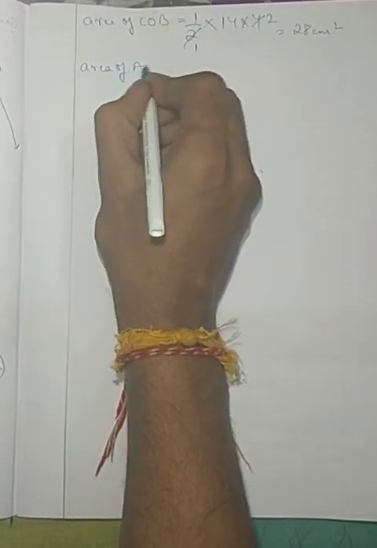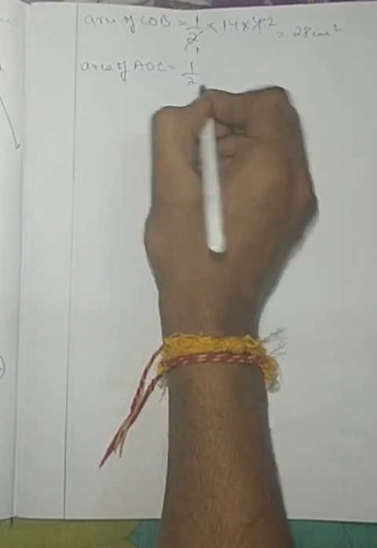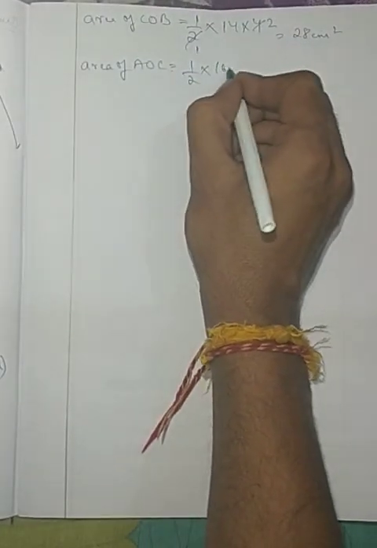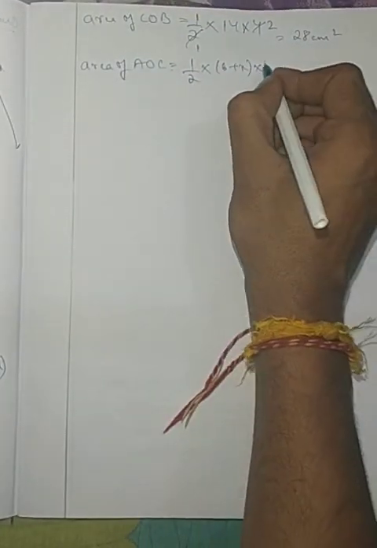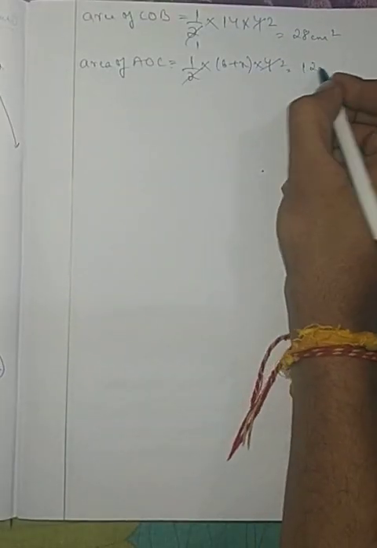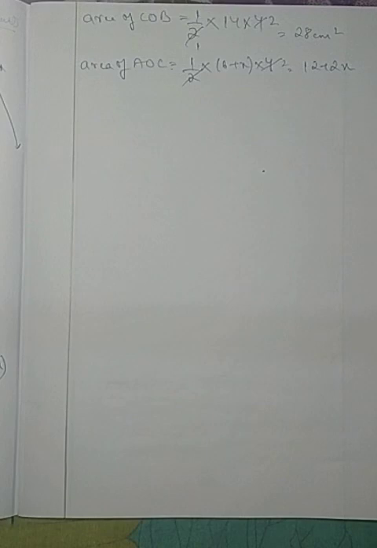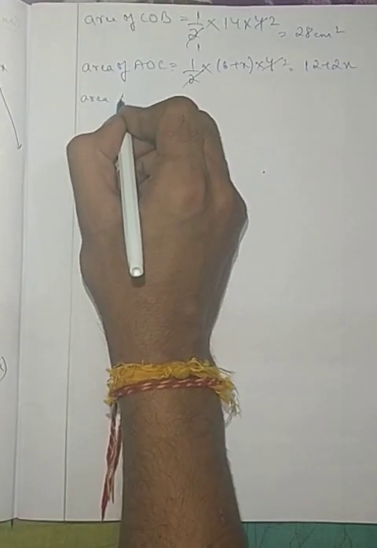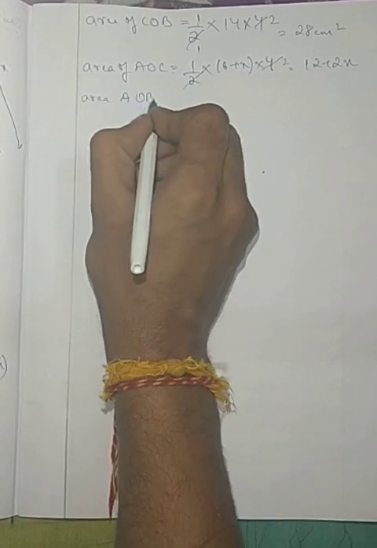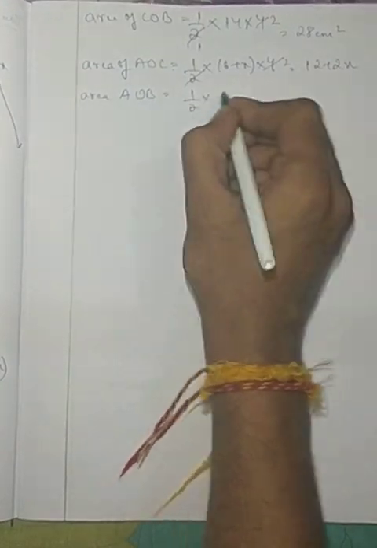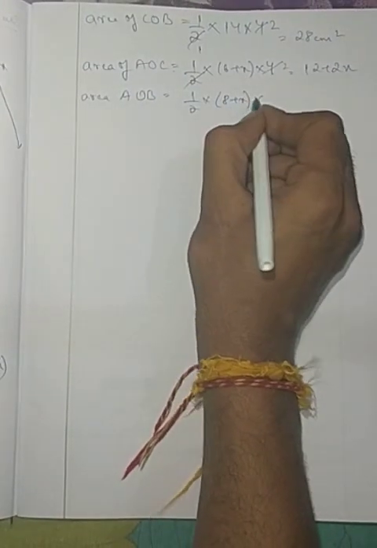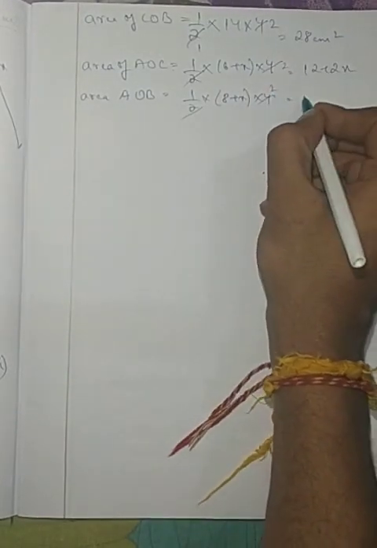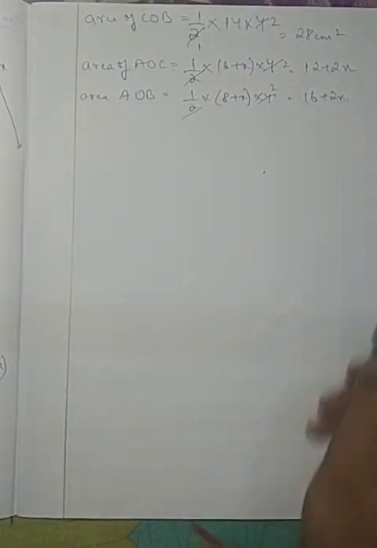Area of AOC is half, base is 6 plus x, into height 4. What you will get? 12 plus 2x. Area of AOB is equal to half, base is 8 plus x, into 4, gives you 16 plus 2x.